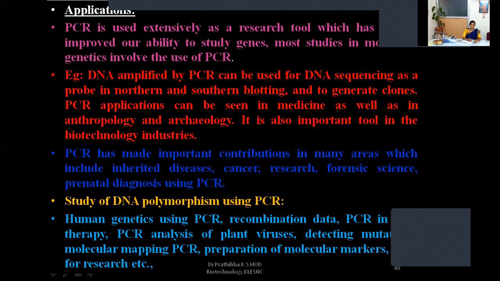This RT-PCR we are using in the laboratory to find whether a person is infected with the COVID virus or not. COVID-19 is caused by SARS-CoV-2, severe acute respiratory syndrome coronavirus, which carries genetic material as an RNA molecule, and has now become a pandemic.